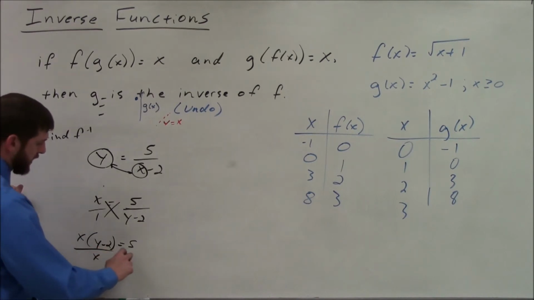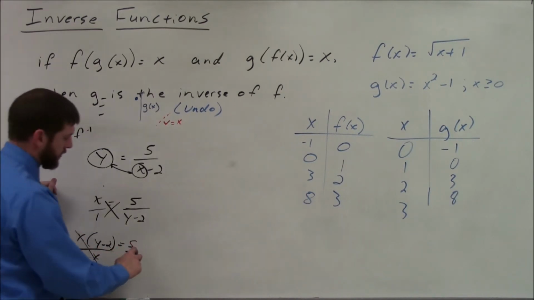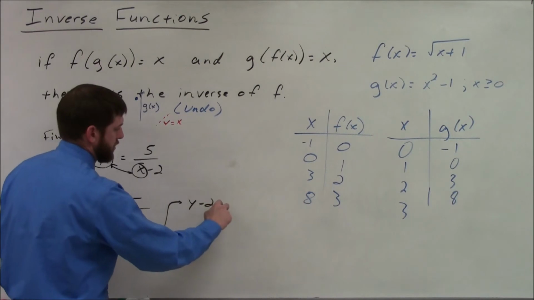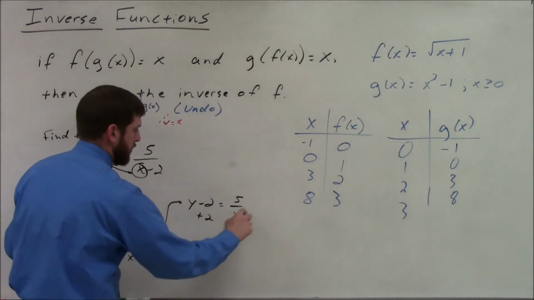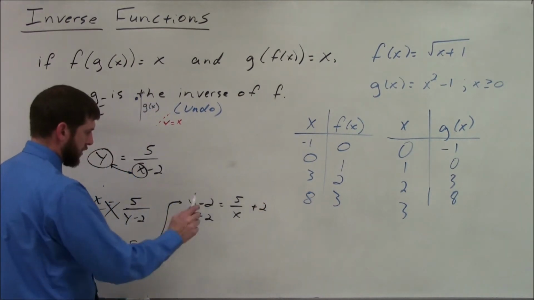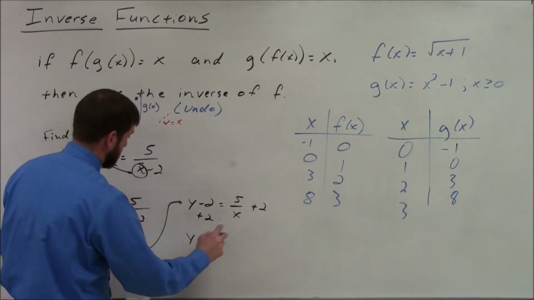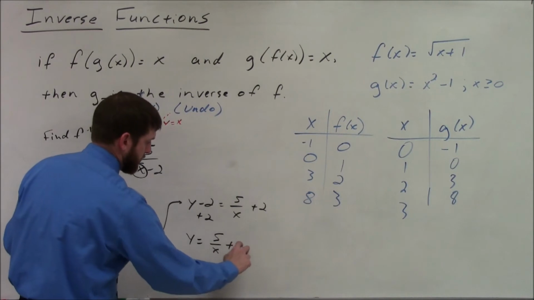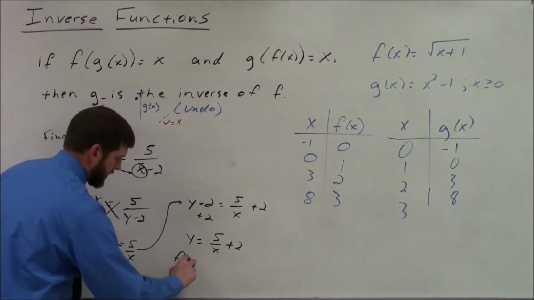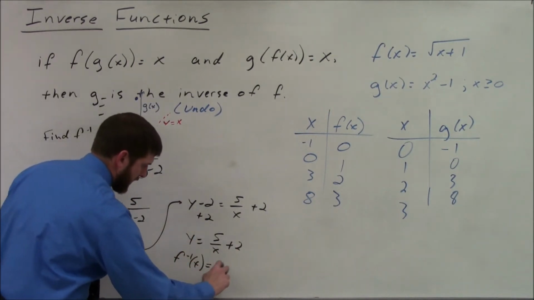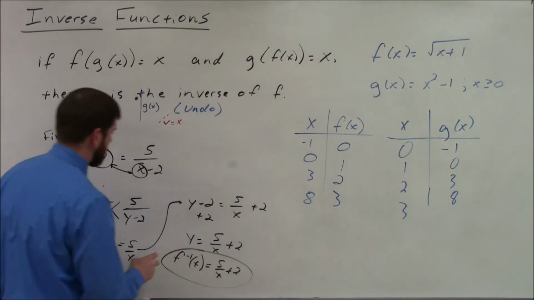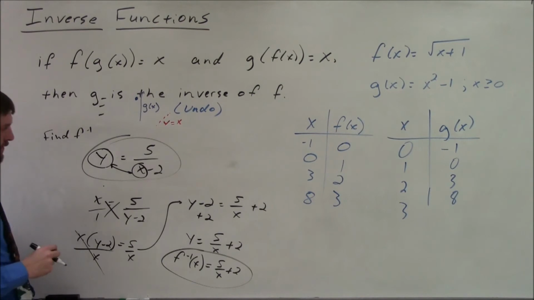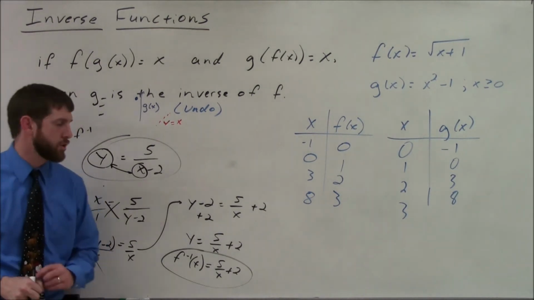So divide by x. So we get y minus 2 equals 5 over x. And then we add the 2 on over. So we get y equals 5 over x plus 2. So that should be f inverse of x, 5 over x plus 2. So that's the inverse of 5 divided by the quantity x minus 2.